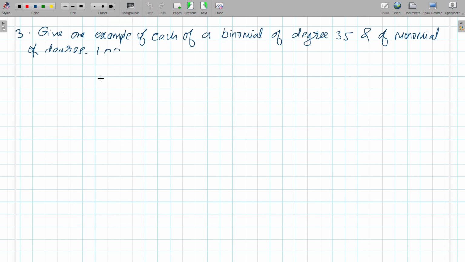Coming to the third question, what it says: give one example of each of a binomial of degree 35 and monomial of degree 100. So here I'll write it properly. Monomial of degree 100, right?